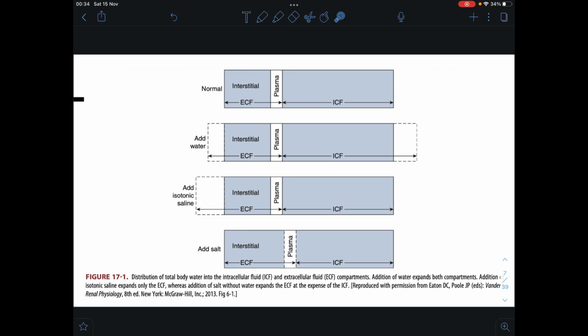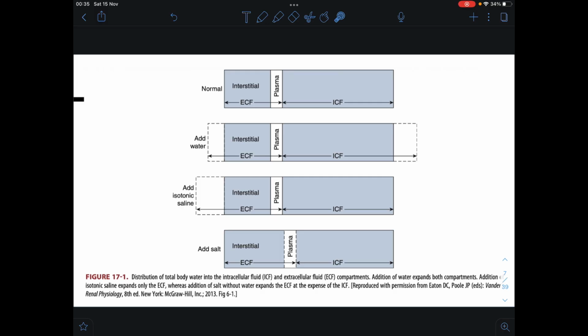This is a problem if someone comes with shock and hypotension and you give them just free water like dextrose 5 water. To raise the blood pressure, the fluid needs to stay in the intravascular compartment, and if it instantly moves into the intracellular compartment, it's not a very good volume expander.